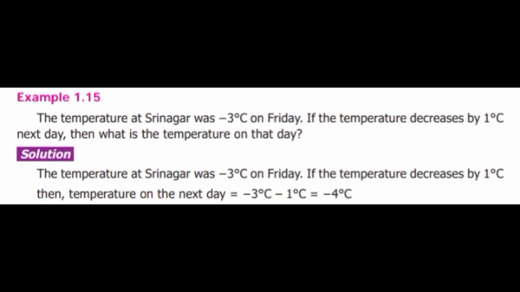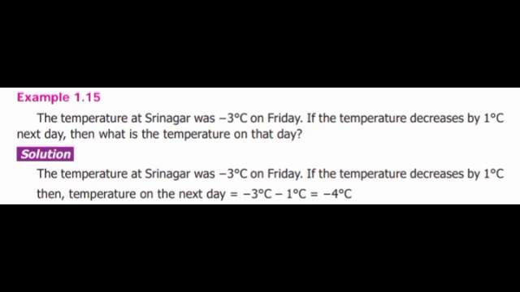Example 1.15. The temperature at Srinagar was minus 3 degrees Celsius on Friday. If the temperature decreases by 1 degree Celsius next day, then what is the temperature on that day? See the solution. The temperature at Srinagar on Friday, how much degree?